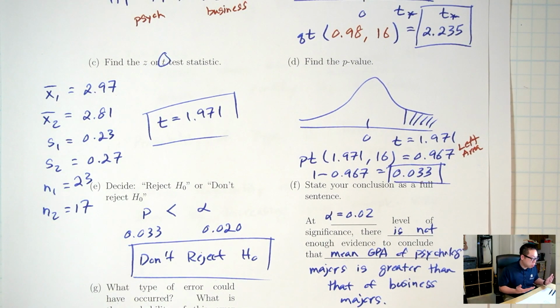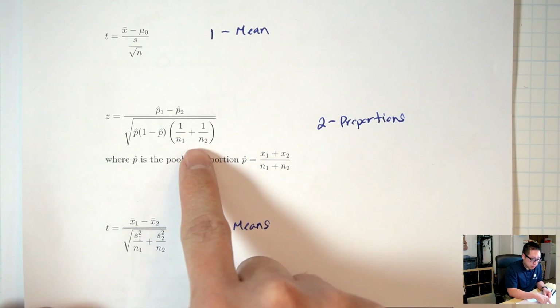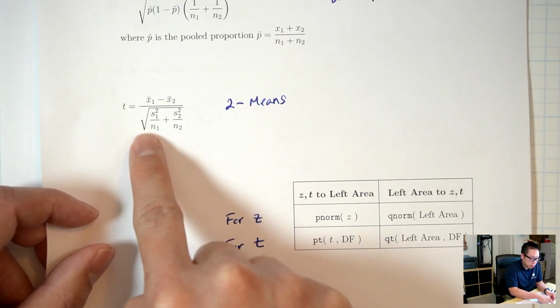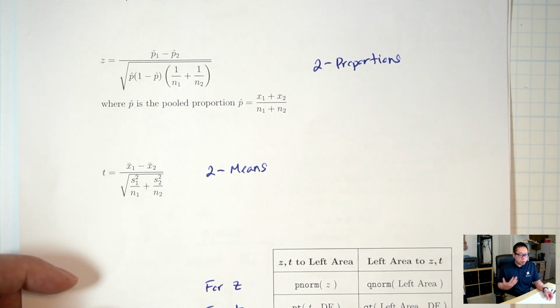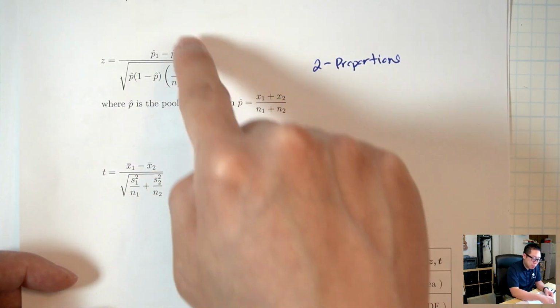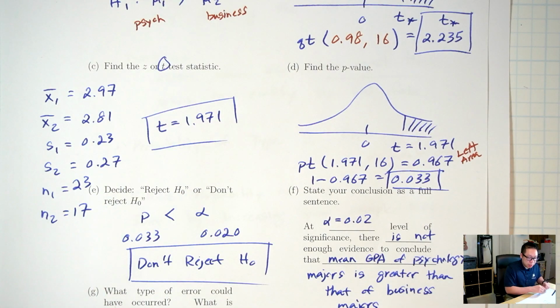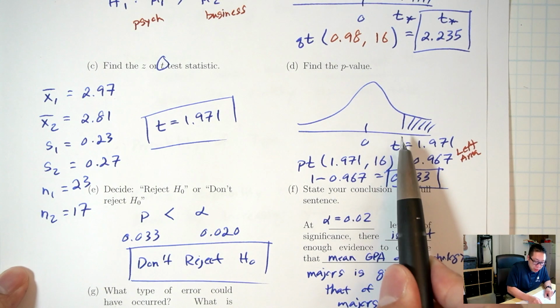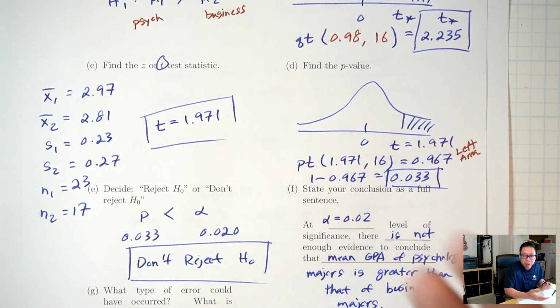Mathematically, the sample sizes are on the bottom in both of these formulas. So if you increase your sample size, it makes the bottom smaller, which makes the overall test statistic bigger. T becomes bigger, which means t is going to move more to the right. And if you move more to the right, you'll get a smaller area. That's mathematically what's going on.